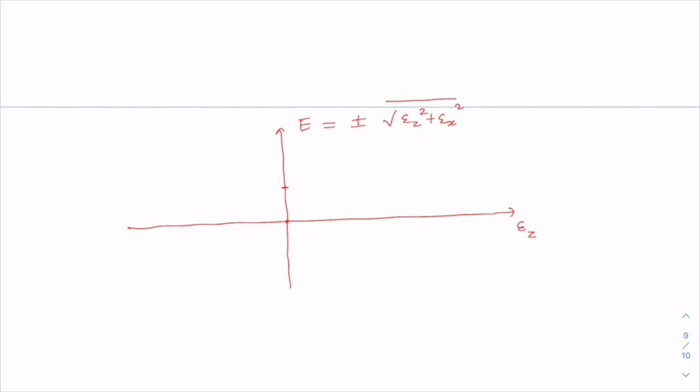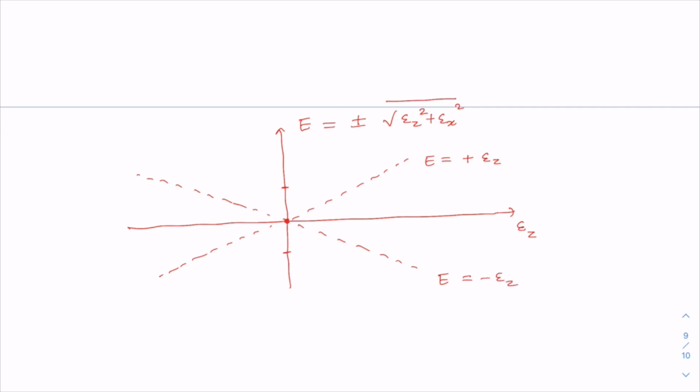So say this is plus Ex, this is minus Ex. Again, if epsilon x is 0, then you will have E equal to plus minus epsilon z. So for E equal to plus epsilon z, I will get this positive slope, in the asymptotic limit. On the other hand, when epsilon x is 0, here we'll have E equal to minus epsilon z.